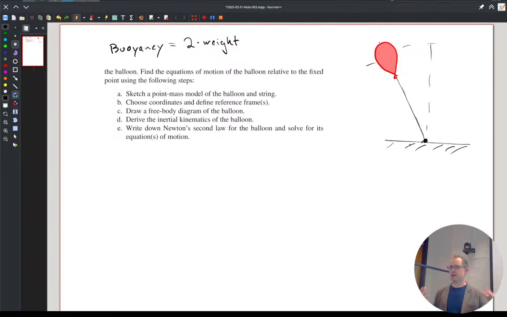I thought it was important to have a red balloon, and the main thing here is, what is the equation of motion for this balloon? The first thing that we're told to do is sketch a point mass model of this balloon on a string. What does that change about the motion that we're modeling for this balloon?